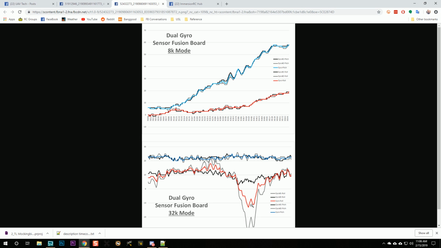That's just bogus garbage data that the gyro is spitting out. Whereas when run in 8K mode, the gyros very closely correspond to each other. In other words, what the Betaflight devs are discovering is that the ICM gyros, when run in 32K mode, often produce garbage data. So, the conclusion.